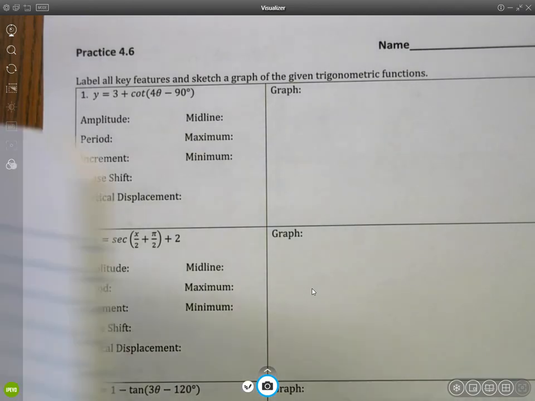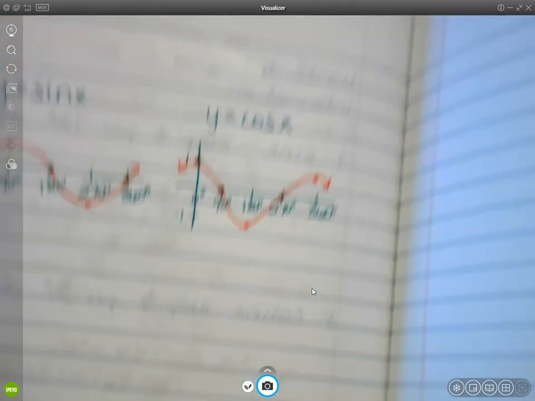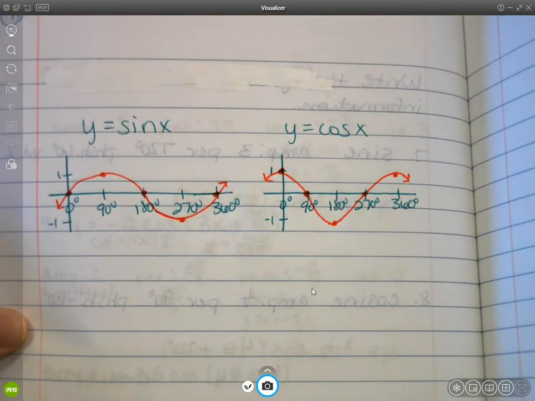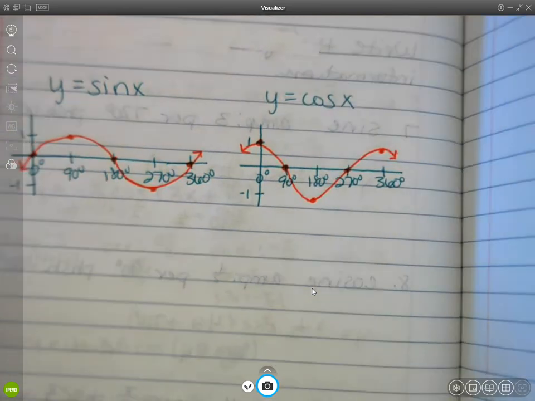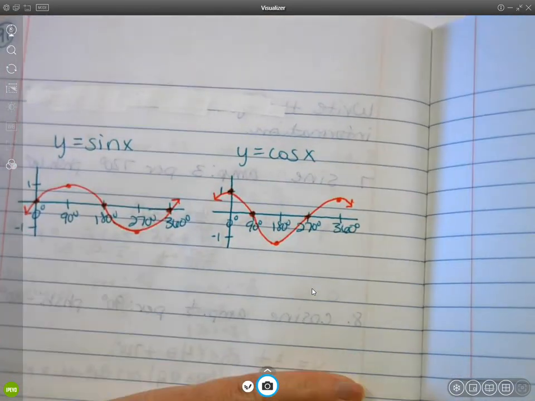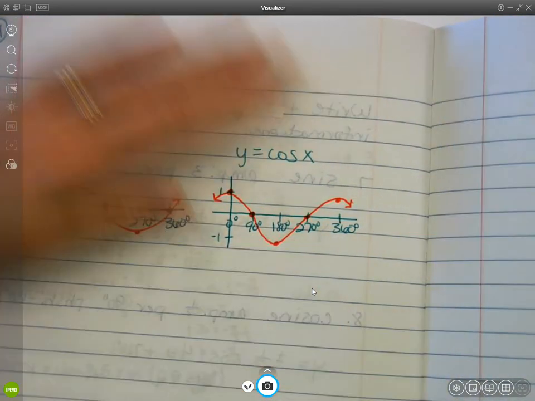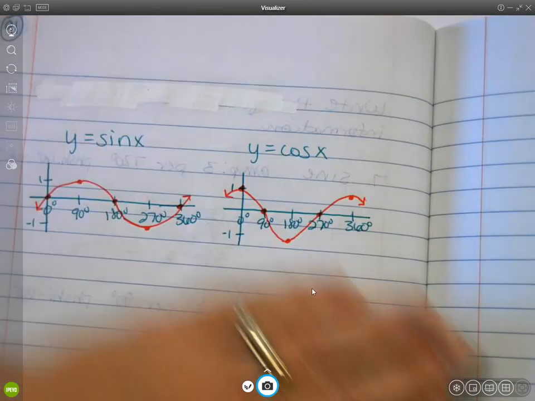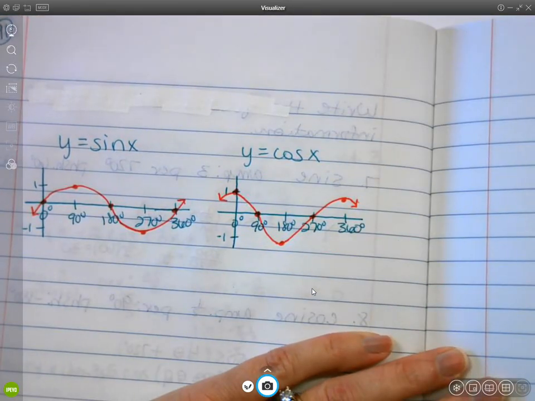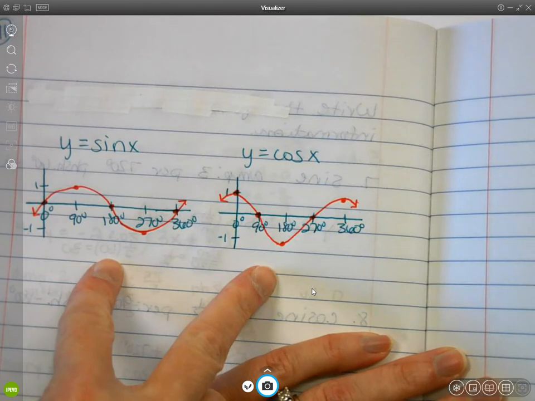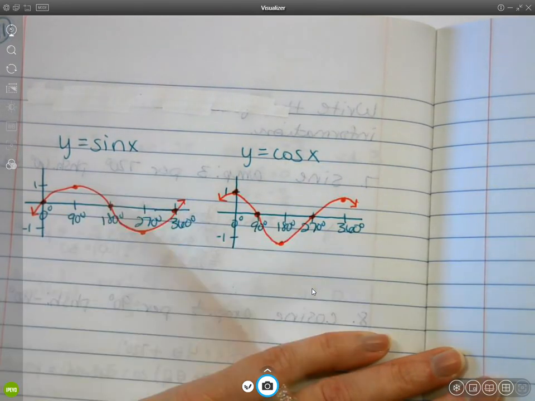All right, so in your composition book, you've already written what sine and cosine look like. And then we're going to make a pocket to put our paper in. We put sine and cosine in the other day. We made a pocket to put our sine and cosine information in.